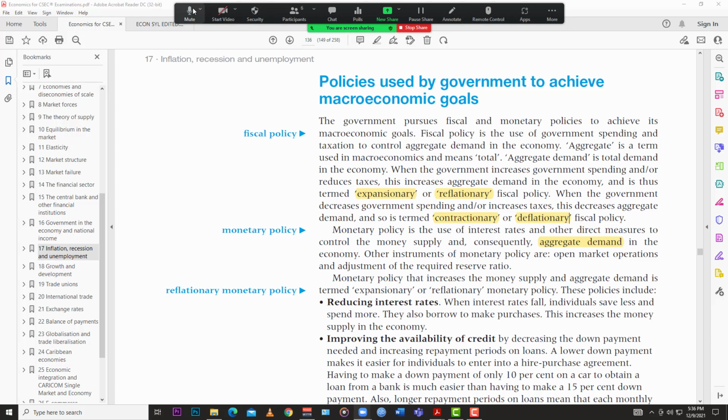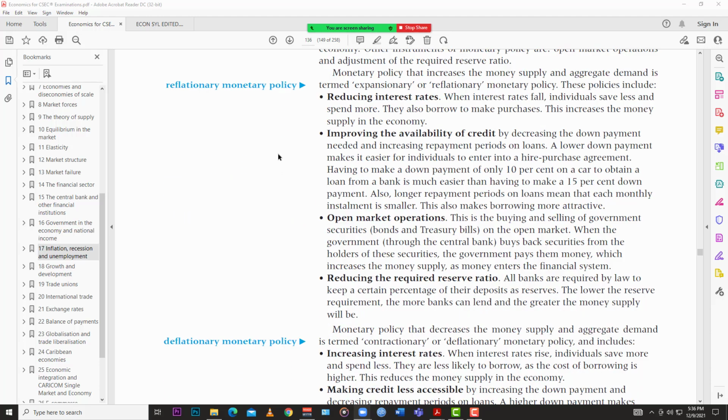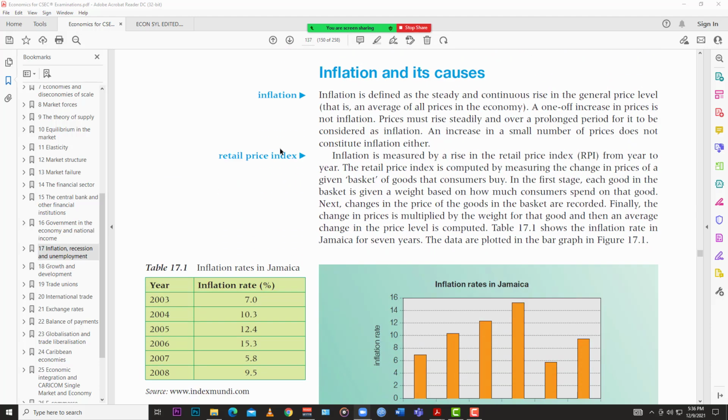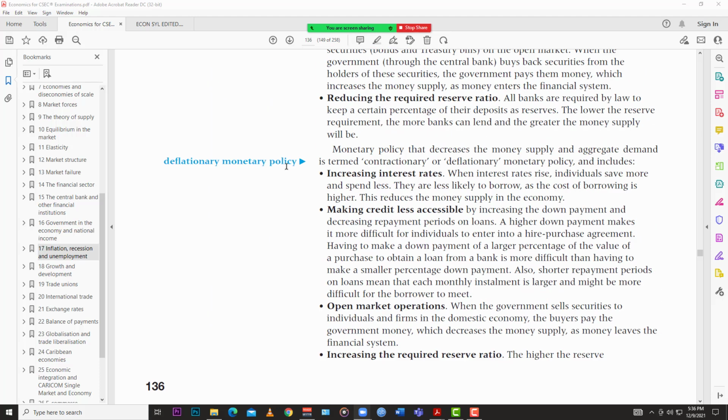And so the same two words apply again: expansionary or contractionary monetary policy. You can either expand the economy with monetary policy or contract the economy with monetary policy, same way with fiscal policy. Those are the two main policies you'll hear about from government: monetary policy and fiscal policy.